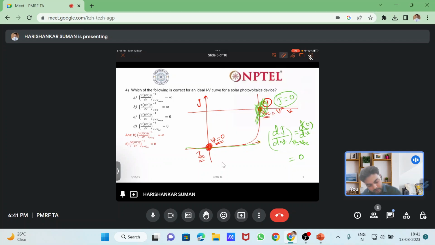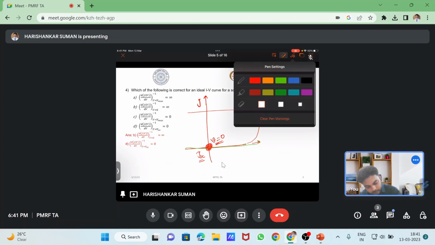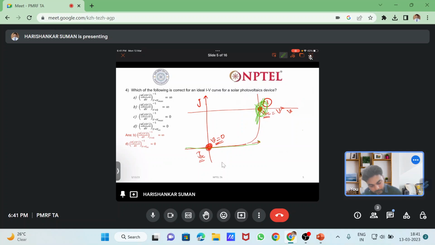Let's put it another way, not fixing the value. We have to take the derivative, but we have to put in an equation.